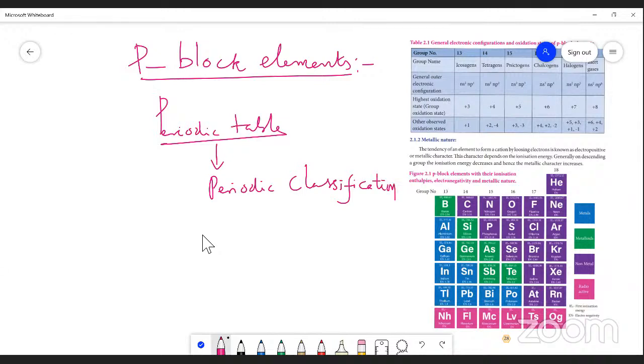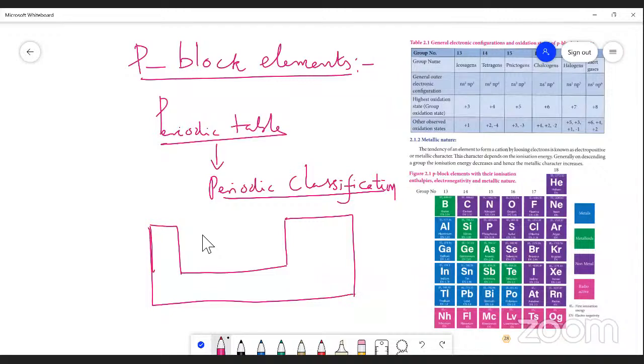In these periodic classifications, we have numerous elements. According to their properties, the elements are classified into 4 kinds.